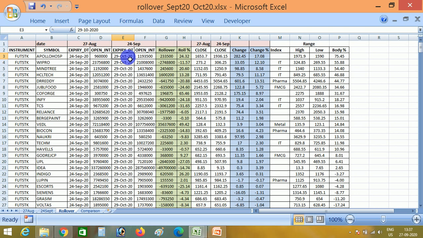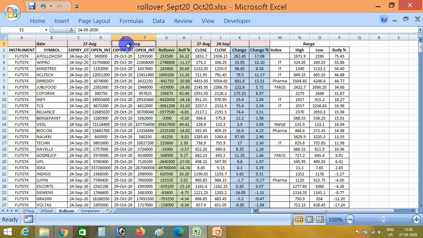What I want to convey is that we are comparing the open interest data on the very first day of trading for the next series. For 27th August we would be starting the 24th September series, so we have taken data for that.